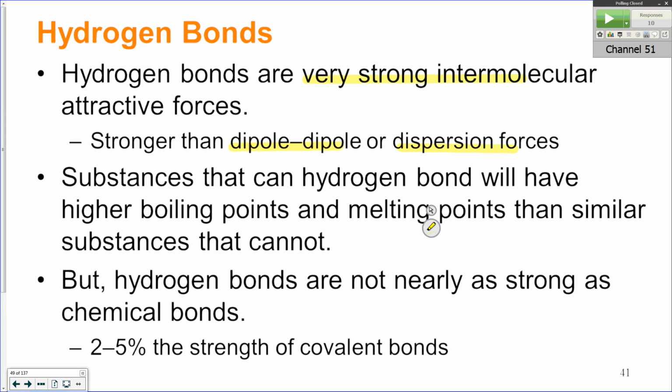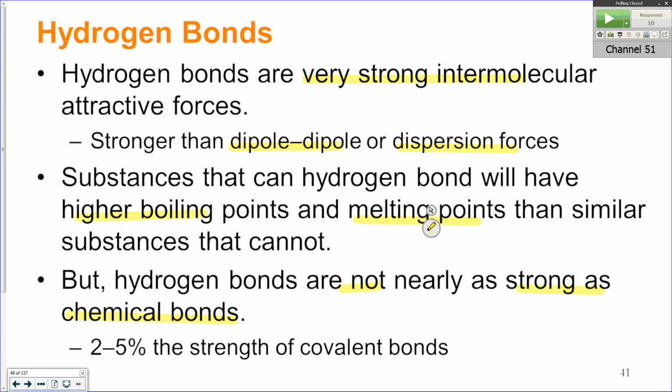Substances that can hydrogen bond are always going to have higher boiling points and higher melting points compared to things that have similar molar masses that can't interact with these. But even though these are strong forces, they're still much less than the forces that hold molecules together, the intramolecular forces within molecules.